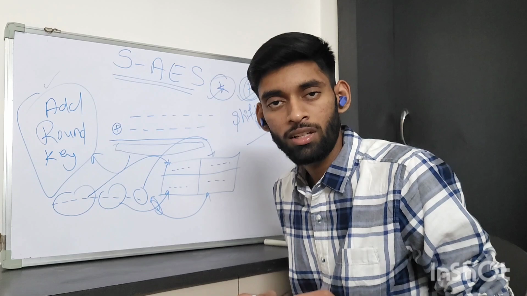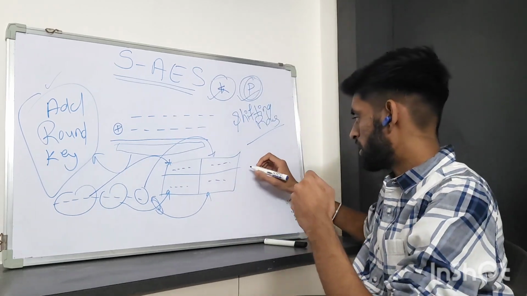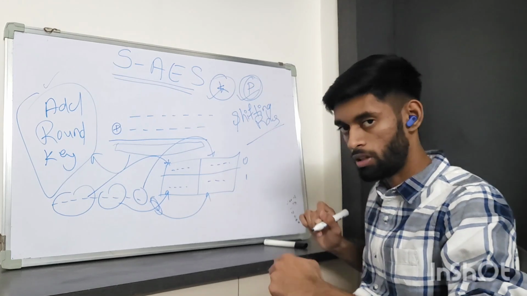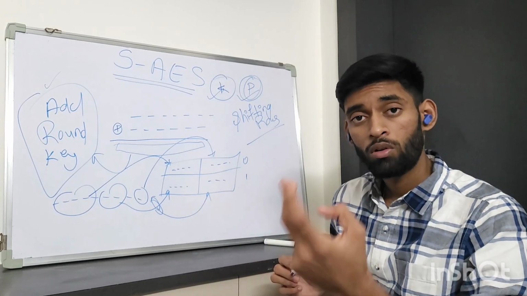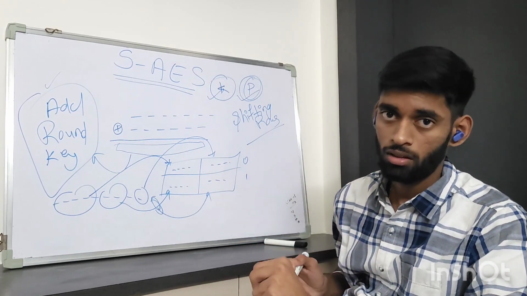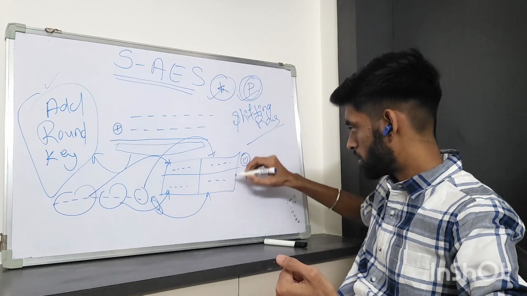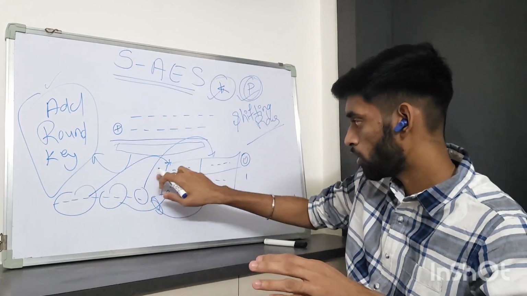So in the shift row operation, we shift the rows. This one is row number 0 and this one is row number 1, as we use 0-based indexing. We shift each row by as many times as its index. So the 0th row is given index 0, so we shift it 0 times, meaning we won't shift that row.